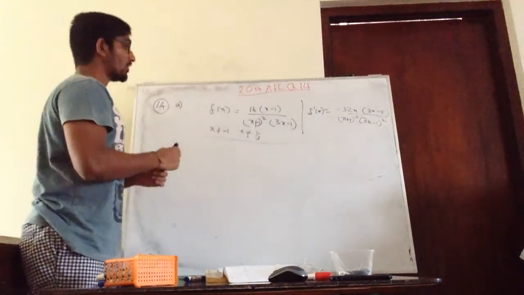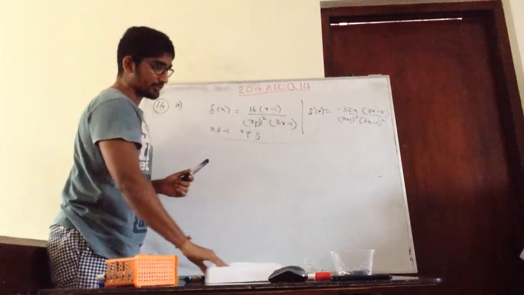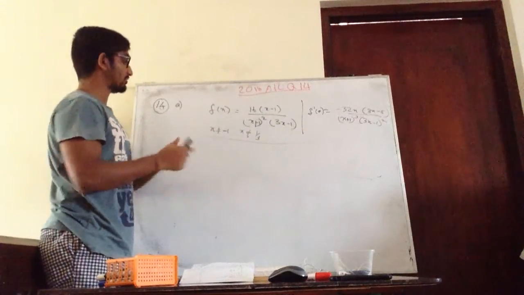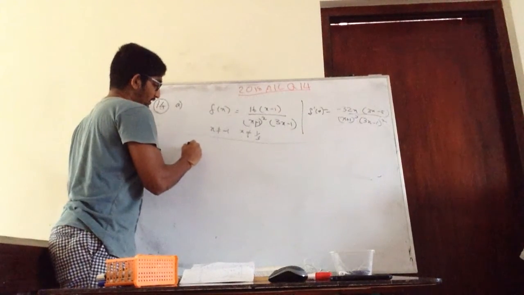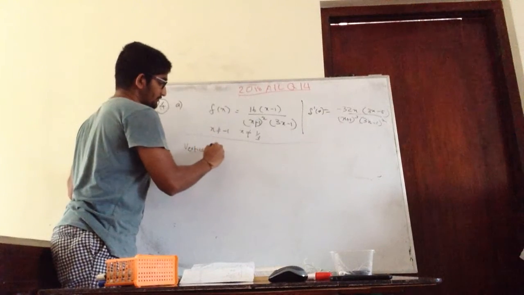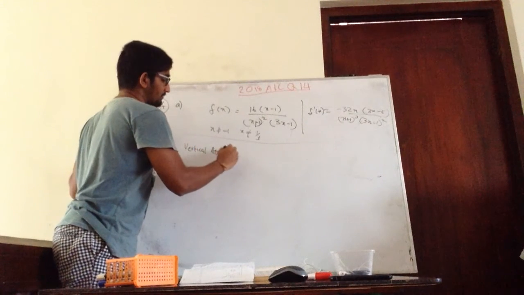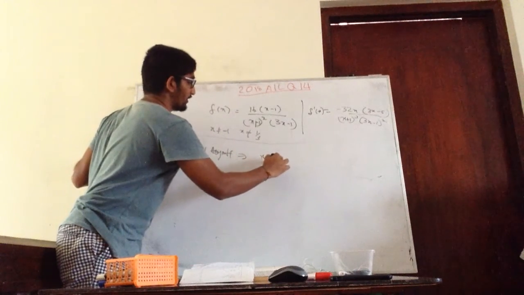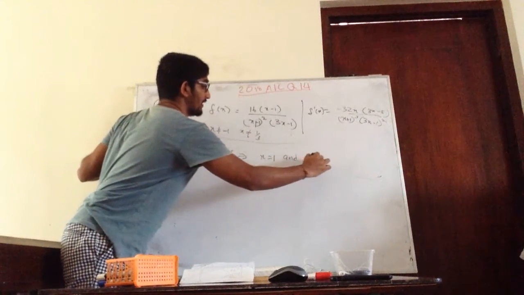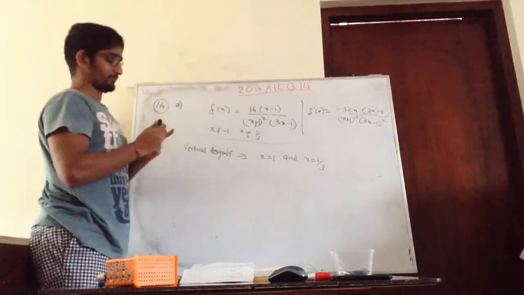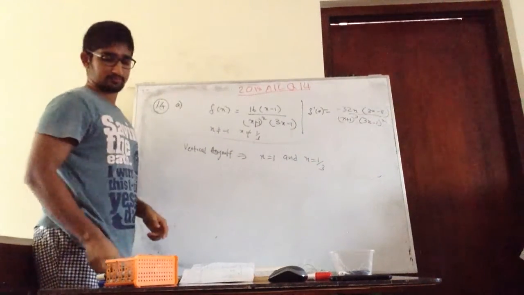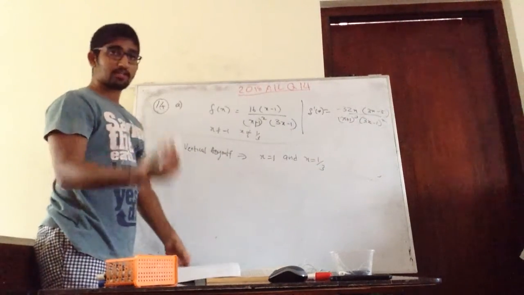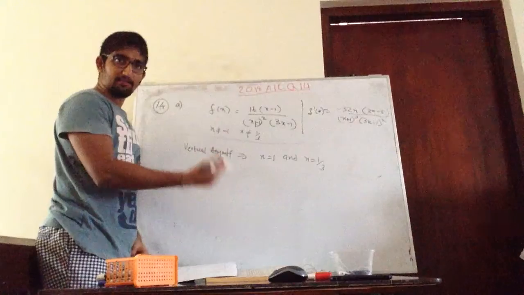Right. So now we can take the vertical asymptotes straight away. Those will be this one. So vertical asymptotes will be x = 1 and x = 1/3. Okay. Then you can get the horizontal asymptote by taking the limits.